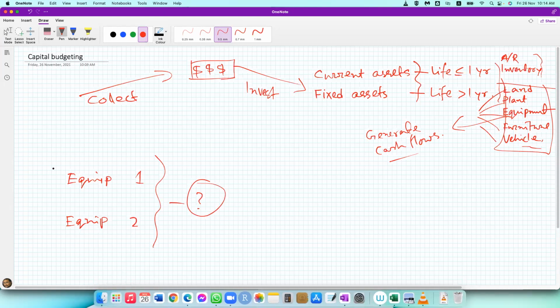It depends on two things. One is the cost of the asset, and another one is the benefit from the asset. And how do you determine the benefit of the asset? By identifying the cash inflows from the asset.